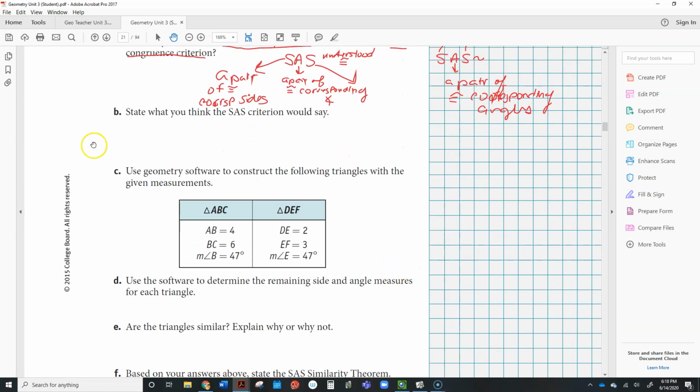It says use geometry software to create those two triangles. All right.